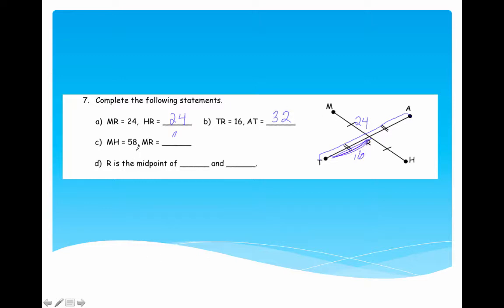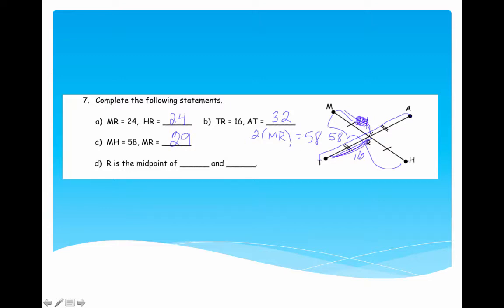If MH is 58, so that makes this not 24 anymore, so I'll scribble it. So this is all 58. The question is, what is MR? It's half of 58, because this plus this equals 58, and these two are the same. So you have that basically 2 times MR equals 58 by substitution, because RH is MR. So then MR equals 29.